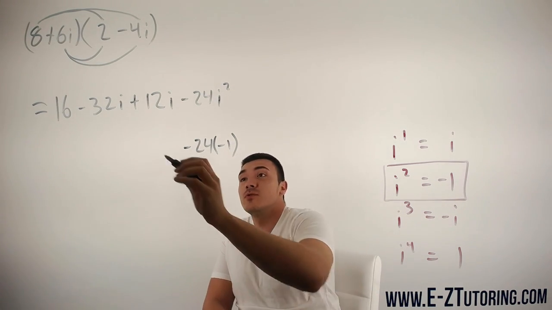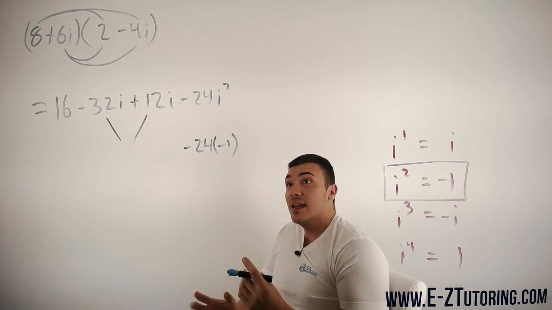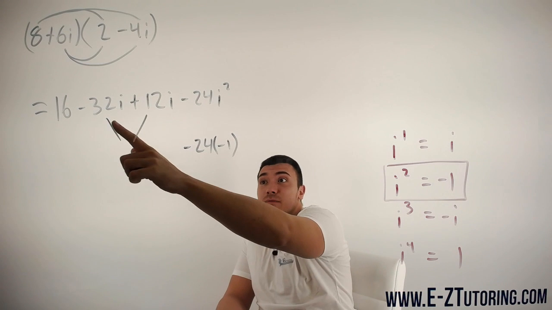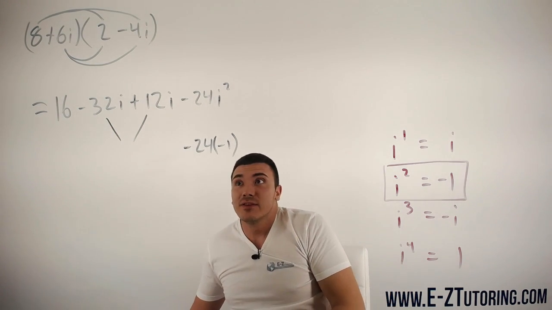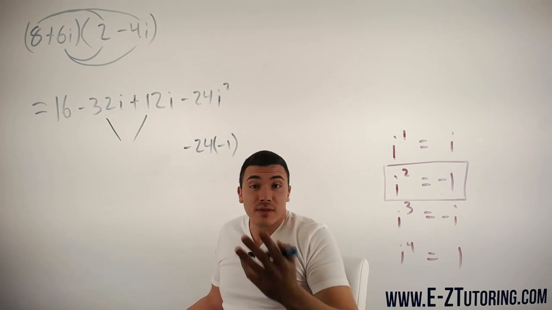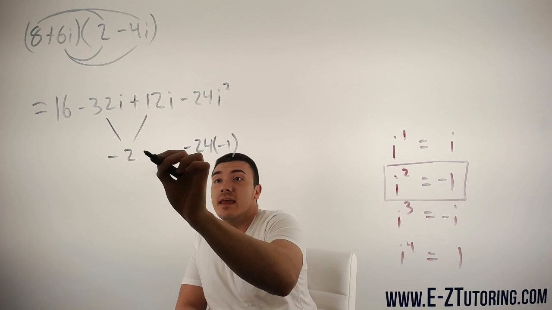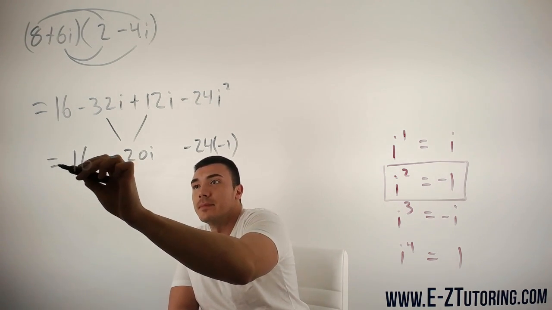So then what we can do is we can actually combine like terms. Negative 32i and 12i are like terms because it's like saying negative 32x and 12x. So pretending that i is just a variable, negative 32i plus 12i gives us negative 20i, and then bring down that 16.